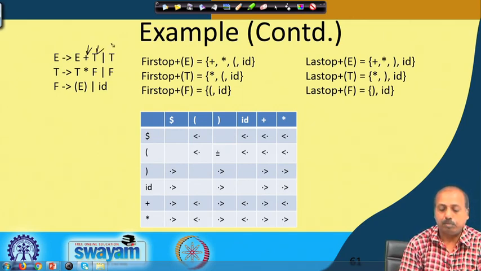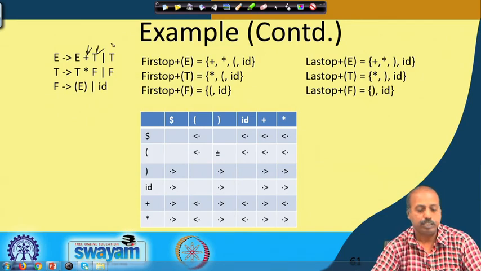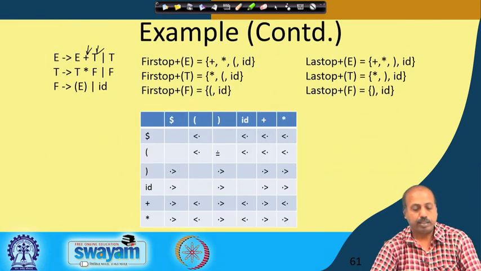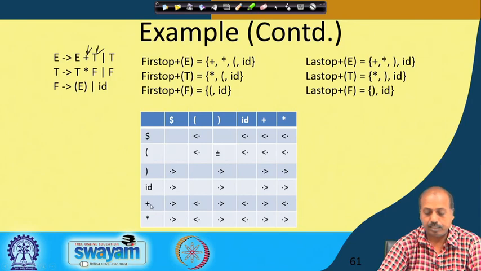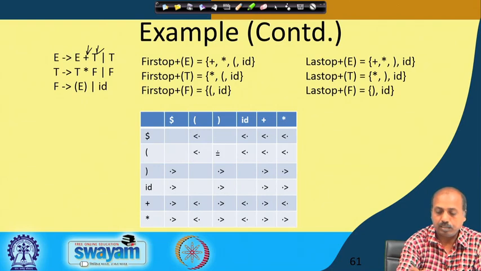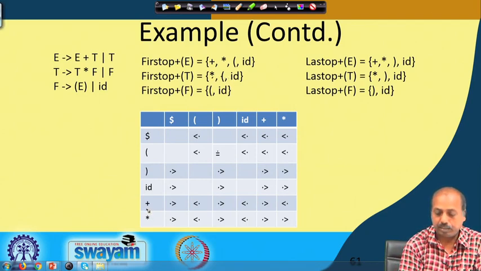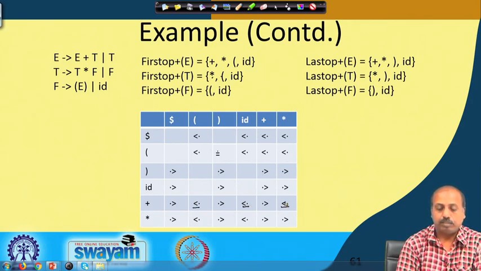So, it says that whatever you have in the first of plus of T, this A should be of lower precedence than that. So, you see here, plus is made lower precedence than open parenthesis, ID and star, fine.